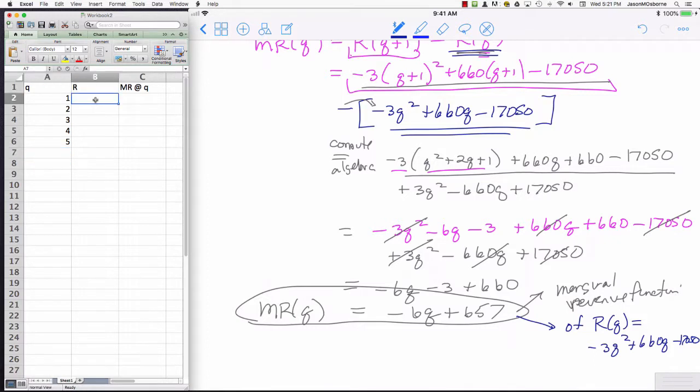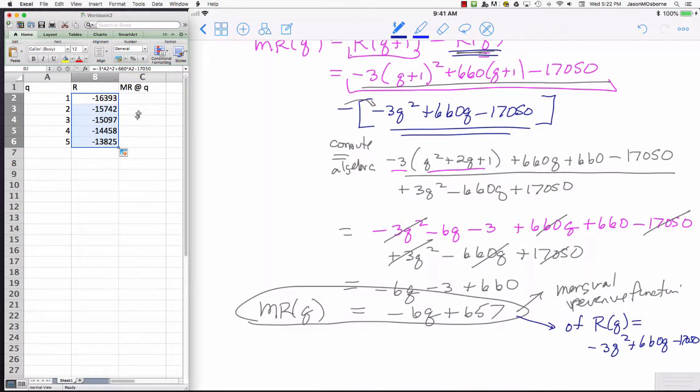Then we can use the revenue formula, which would be equal to minus 3 times the quantity squared plus 660 times the quantity minus 17050.